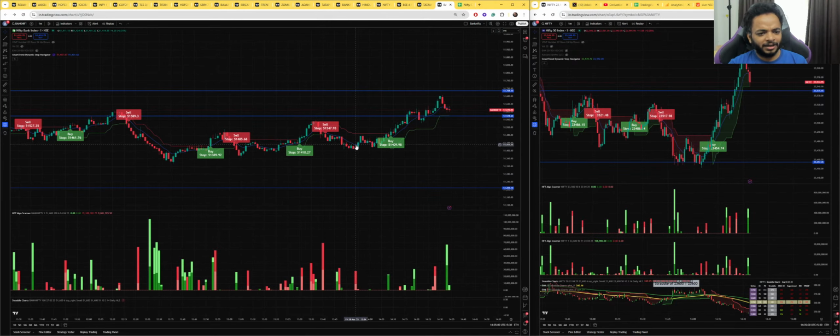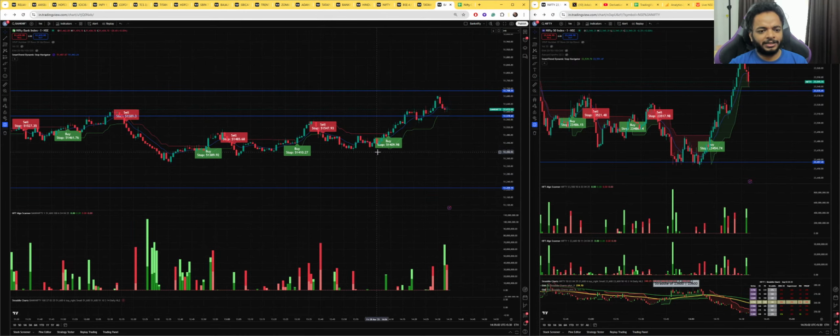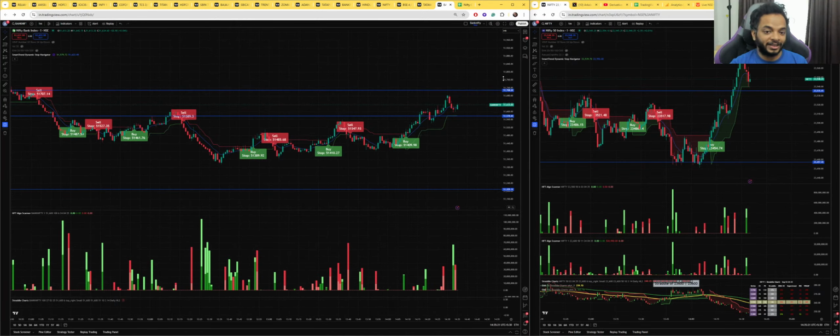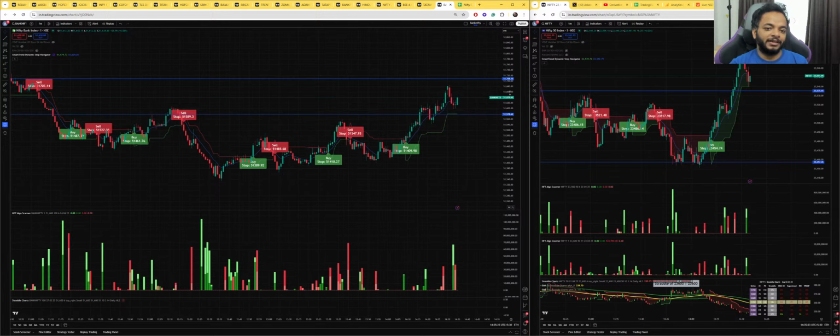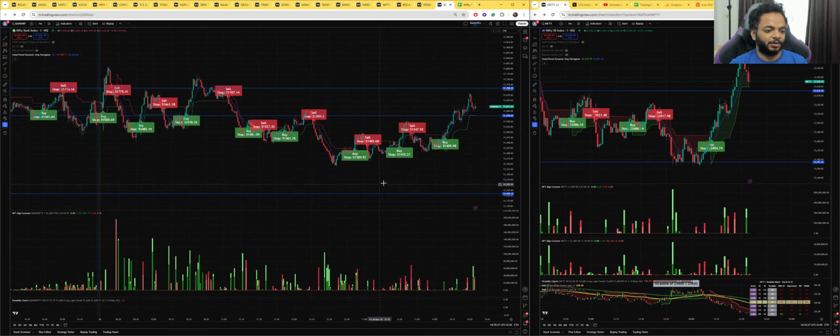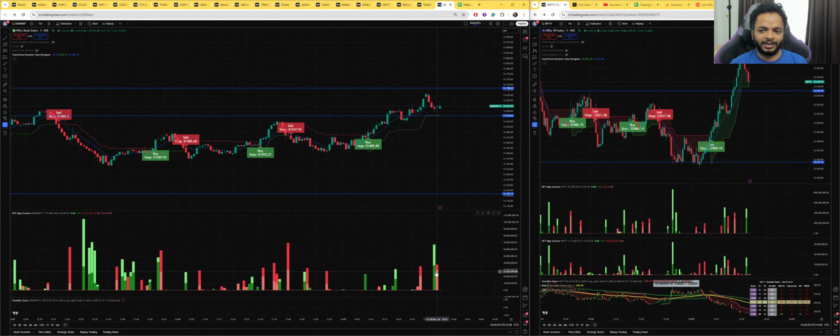One can scalp here, but here majorly put writers were there, and I think they are dominating from here onwards, and some put writing just now happened here. In the morning, as you saw, big call writing happened at this zone, where we also have resistance, 51,708. So the big call writers did writing.